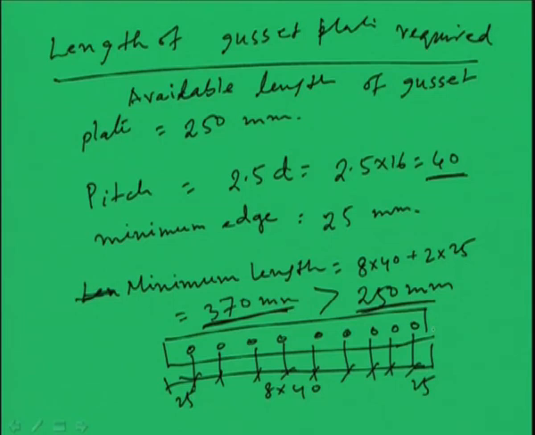I think now it is understood why we have to provide a lag angle, because providing a lag angle has several disadvantages, like chances of eccentricity, and it cannot transfer the load properly. So there are a lot of problems. Still why are we going for a lag angle? Because of the restriction of the length of the gusset plate. If the restriction of gusset plate is there, then only we can provide a lag angle as an alternative, right.